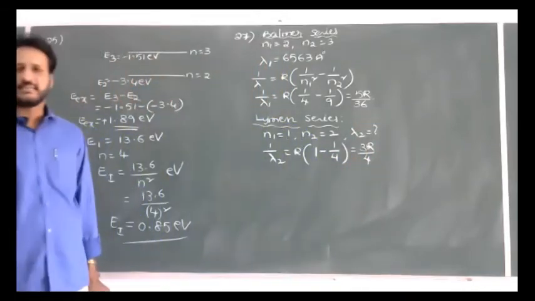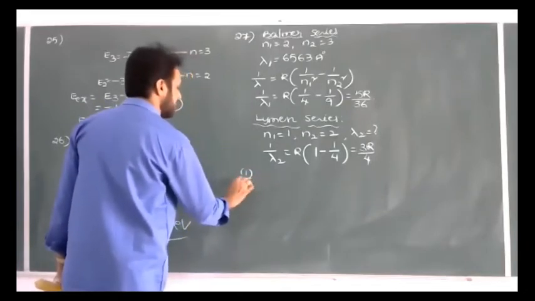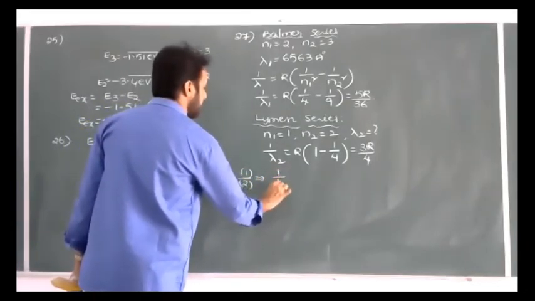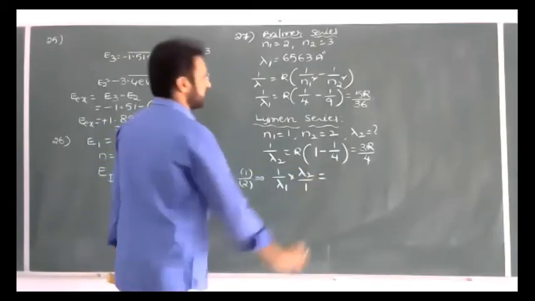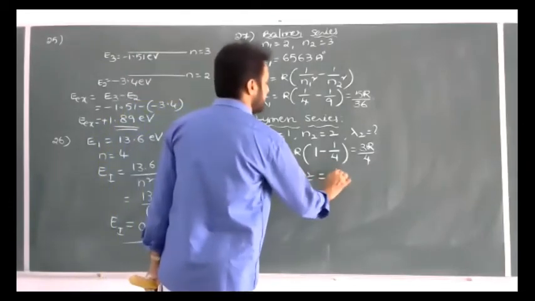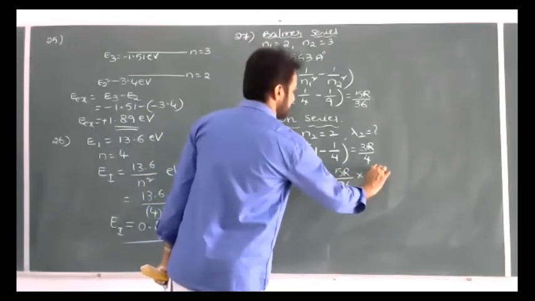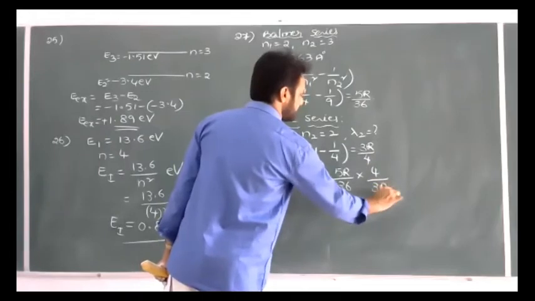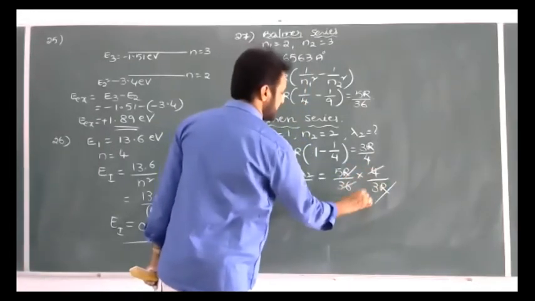Now divide the first equation by the second equation. 1 by lambda 1 into lambda 2 by 1 equals 5R by 36 into 4 by 3R. Here R cancels, and 4 and 36 cancel.